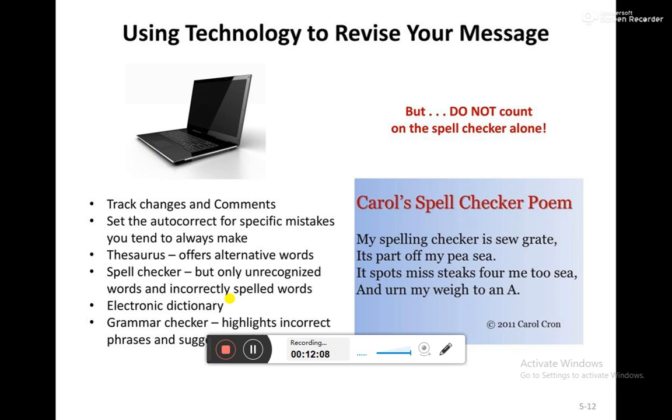In Microsoft Word, for example, revisions appear in a different color, giving you a chance to review changes before accepting or rejecting them. Adobe Acrobat lets you attach comments to PDF files.